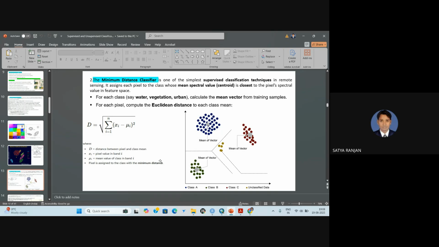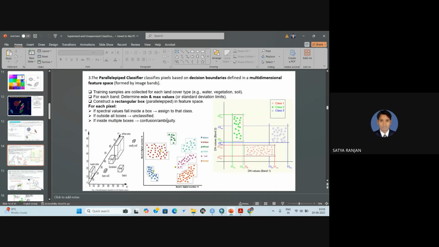Suppose there are three classes: class A, class B, class C. Their means are calculated, and how close a pixel is to the boundary of each of the features. Then it creates different boundaries. So it is a Euclidean distance based calculation.